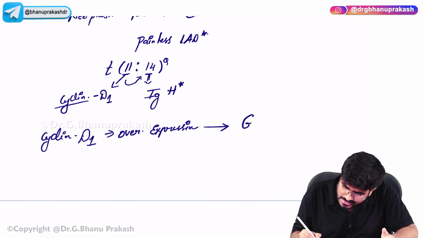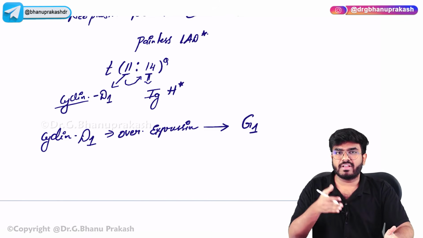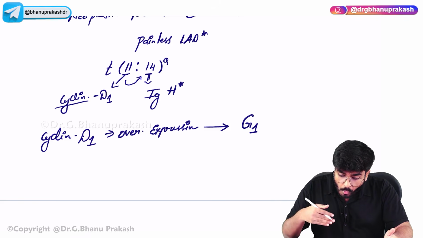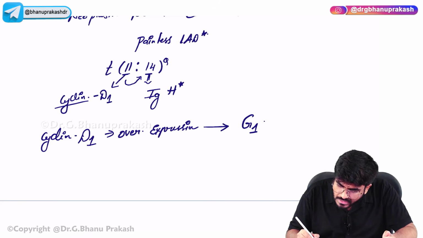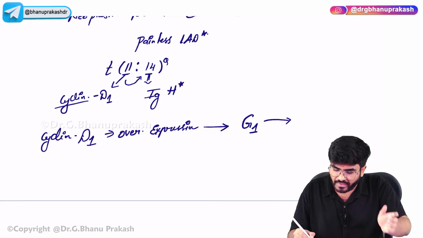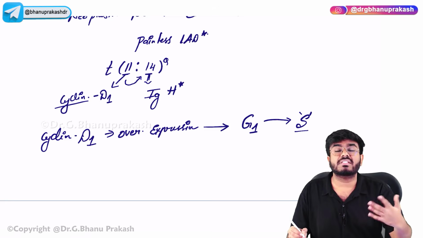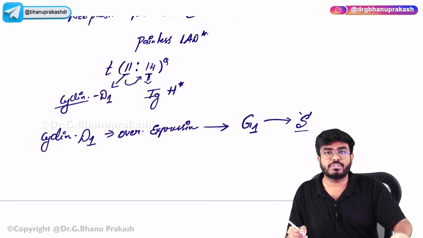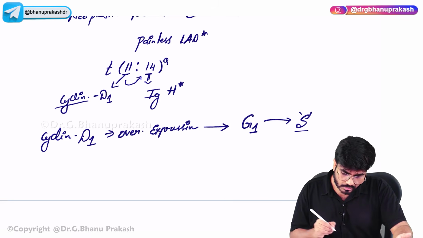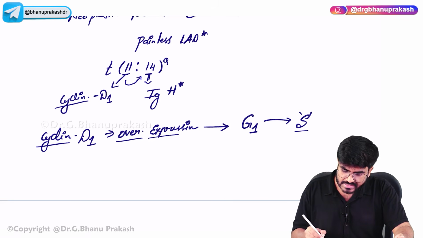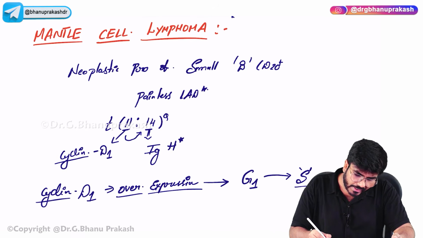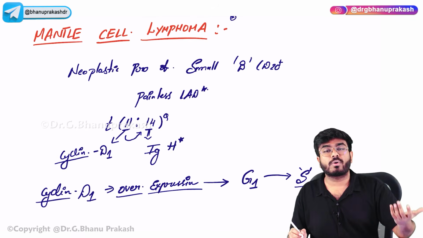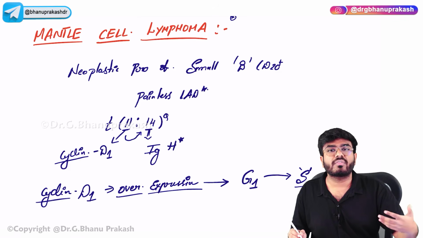For example, normally the cells are in G1 phase. This overexpression of cyclin D1 promotes the cell from G1 phase to S phase, meaning synthesis phase, DNA replication, followed by G2, followed by cell division. So cyclin D1 overexpression is responsible for mantle cell lymphoma, facilitating the neoplastic proliferation. The cells are getting neoplastically proliferated.